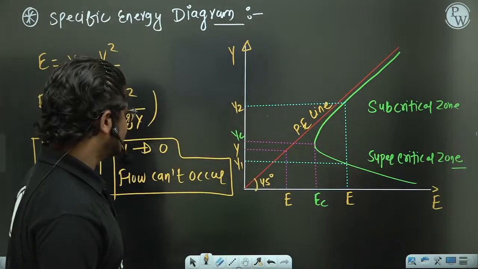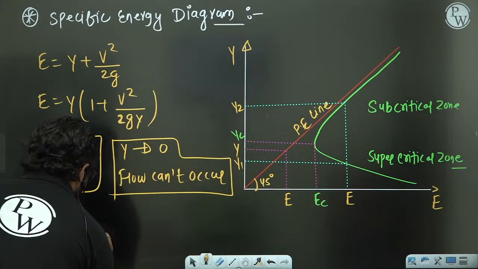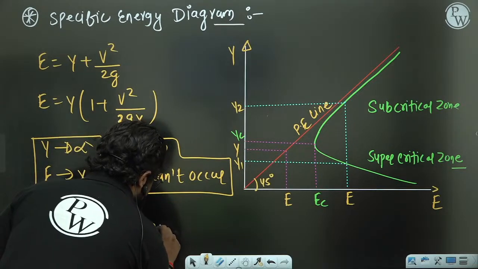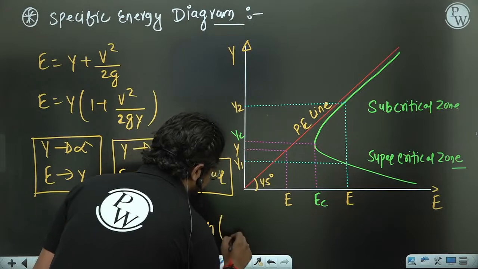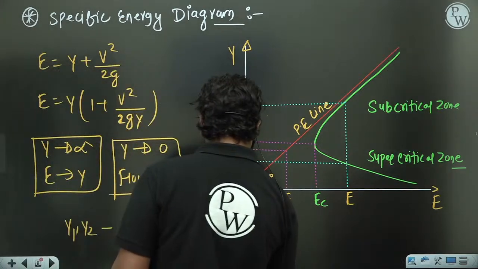These y1 and y2 we call alternate depths. What are alternate depths? Depths having the same specific energy.